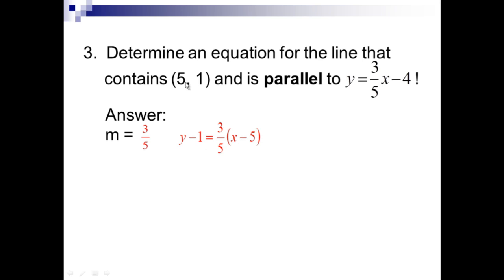It is x1 and it is y1. So we get y minus 1 equals gradient 3/5 times x minus x1, that is 5. So the equation is y equals 3/5 x minus 2.